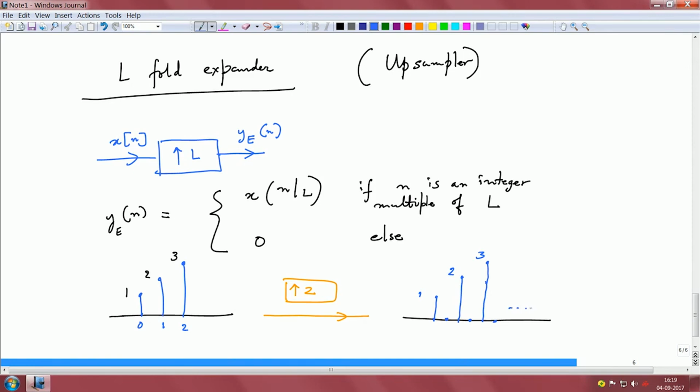And this happens, which means I am inserting these zeros at alternating points, right. I mean, this is because it is upsampling by 2 and my rate has now sort of doubled.